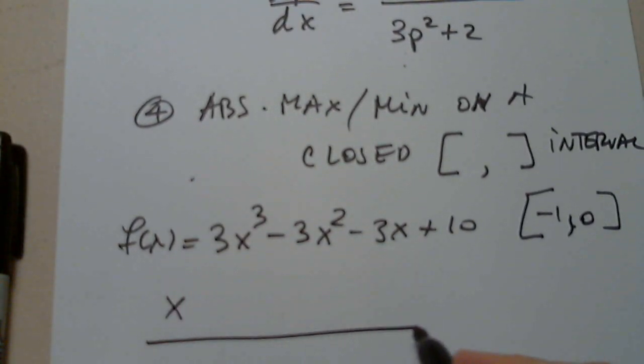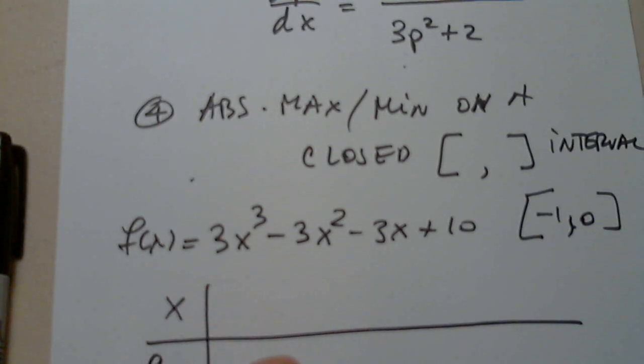We have to create that table with f prime and f of x on such a question. And we have to put in the table just -1 to 0, nothing else. We have to determine what next? Critical numbers. Yes.